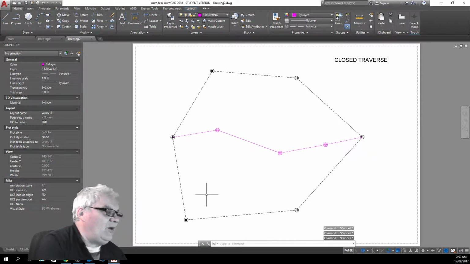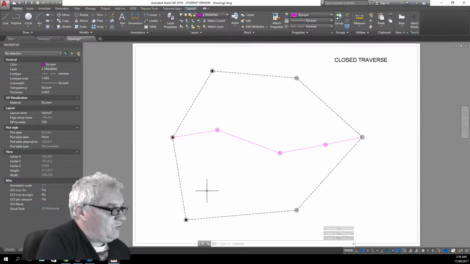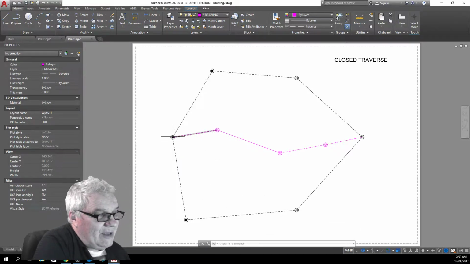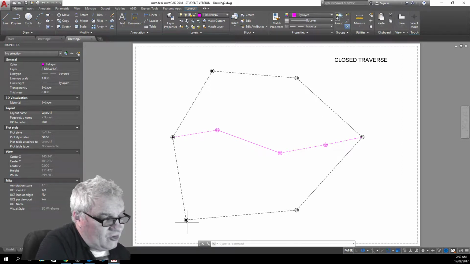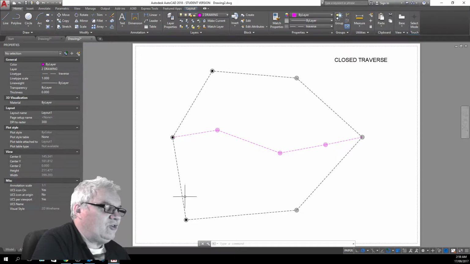So what might happen with this traverse, because we know it's a loop traverse, we might set up here, and observe, set this here as the back bearing, check the distance, make sure it's all good.